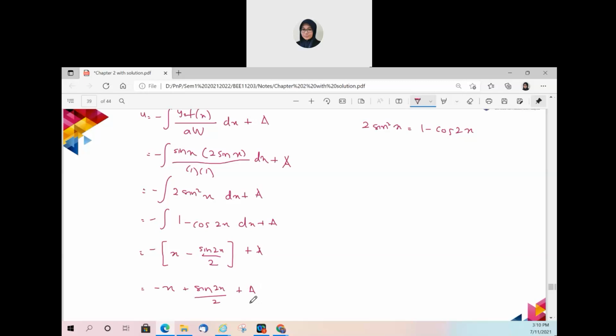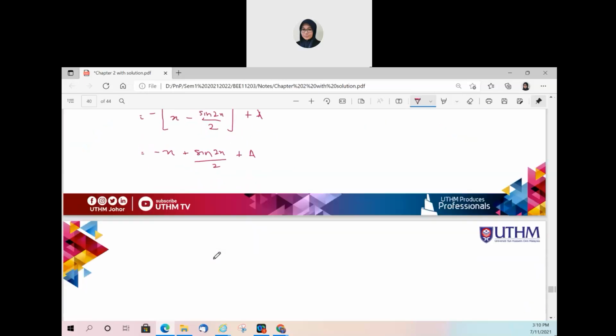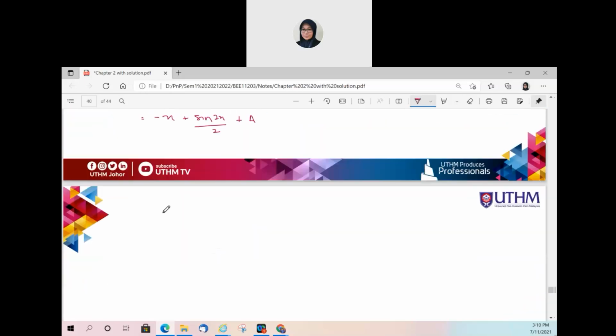And now we want to get v. So v is integrate y1 fx divided by aW dx plus constant b.